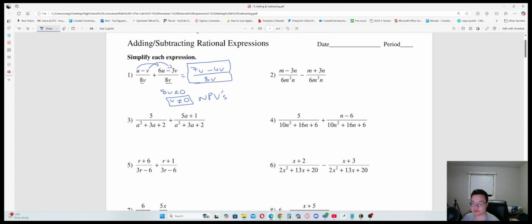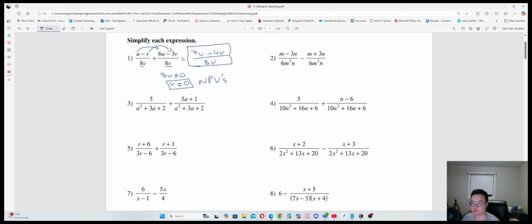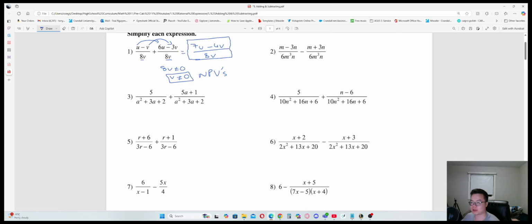Okay, so let's go to the next question, which has the same denominator but is a bit more complex. Let's work with question 3 right here, or let's see, let's do question 4 because I see it's a bit more complex. We have a bigger denominator here, but since they are the same denominator, we can go ahead and do adding and subtracting.